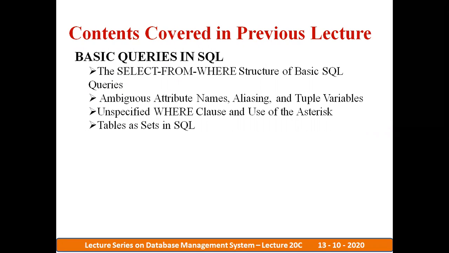Finally, the where clause will take the conditions which are necessary for retrieving the information. In this case, select and from are mandatory clauses, whereas the where clause is optional.